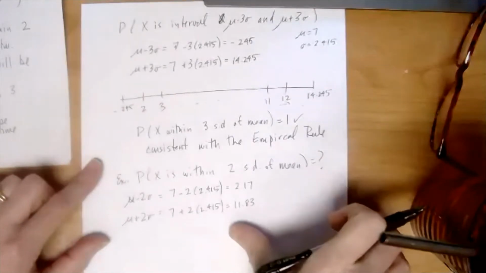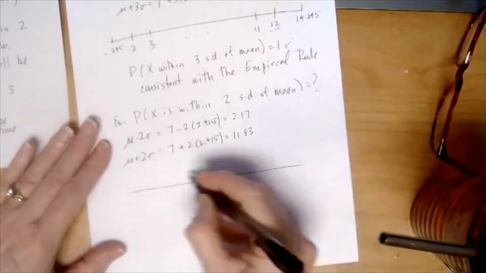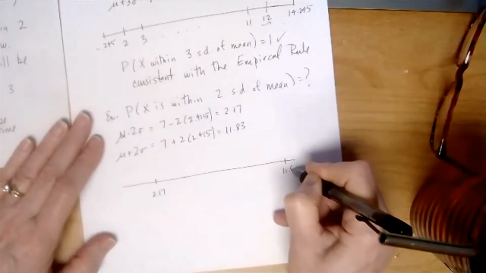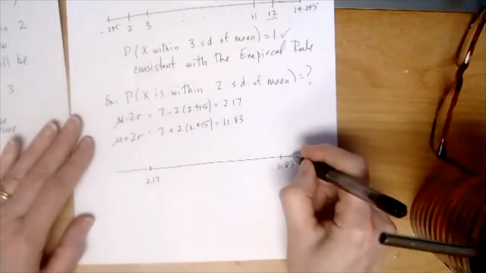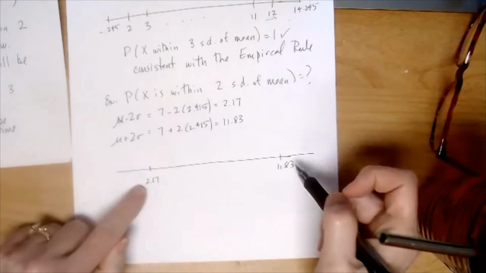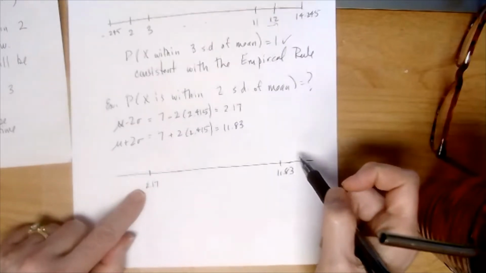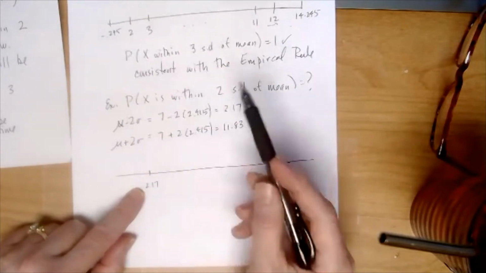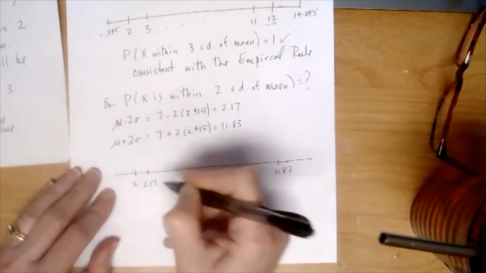Right, so what's the probability of being in between those two values? All right, so here's 2.17, 11.83. What values of x are going to be in between here? Well, again, the smallest value of x, the lowest roll, is a 2. The 2 is going to be over here.